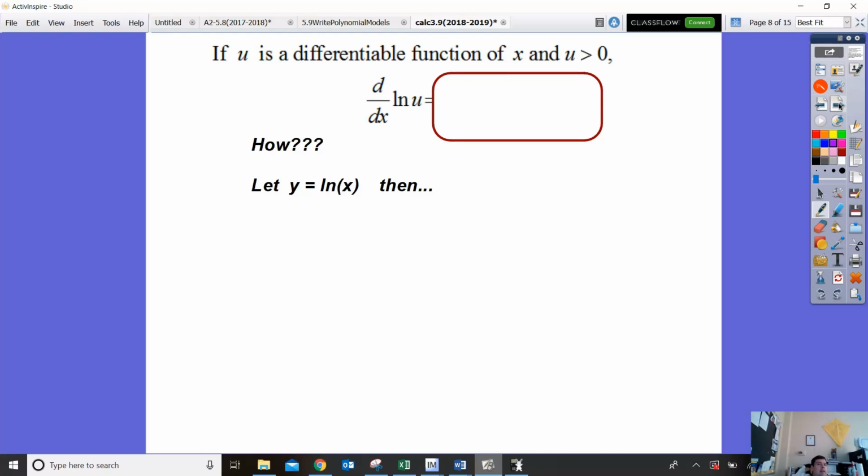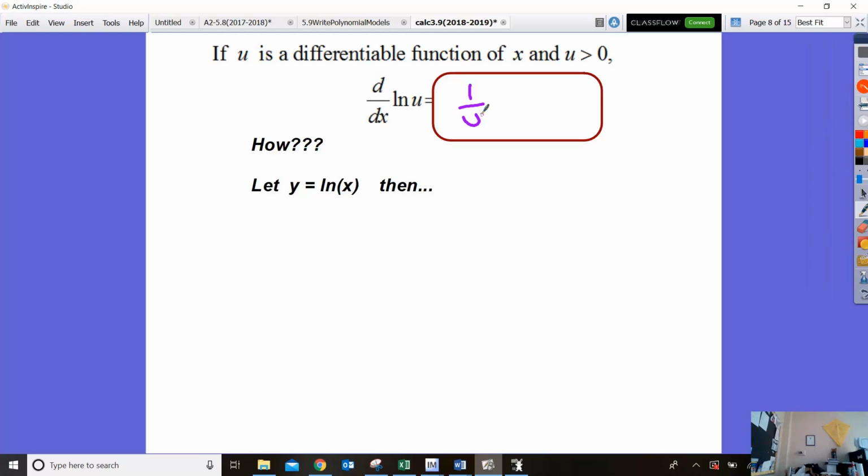All right, what do we got here? The derivative of the natural log of something. It's almost as easy as the other one. The derivative of the natural log of something, in this case u, is 1 over u, and guess what else?